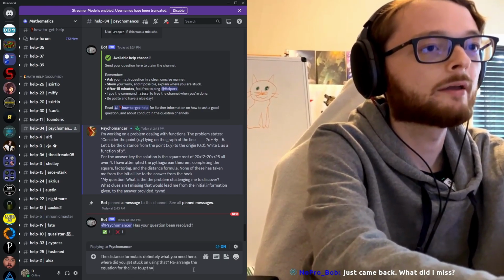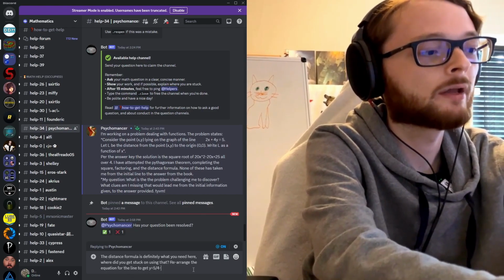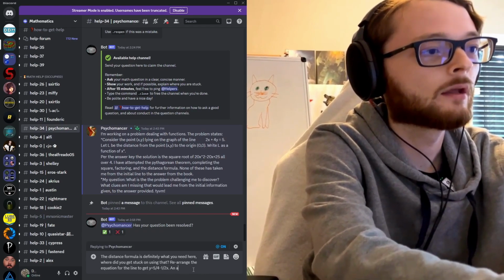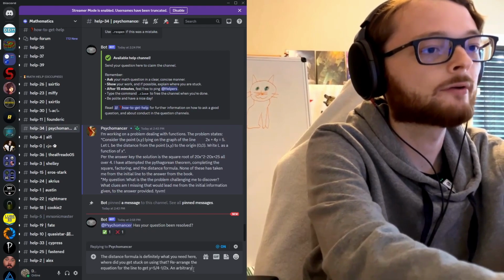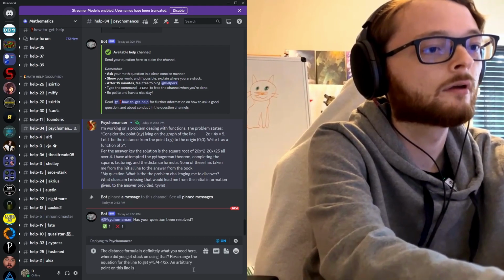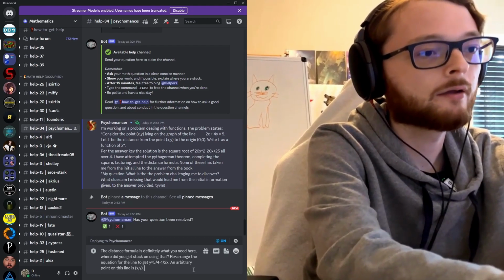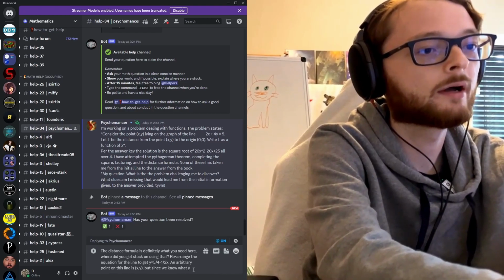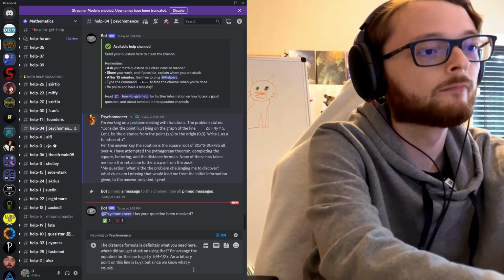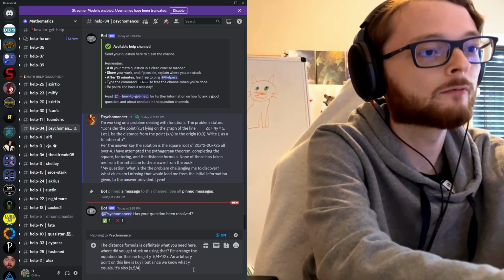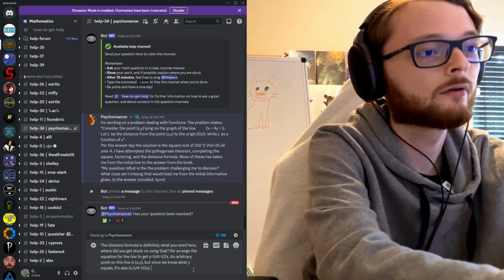To get y equals 5 over 4 minus 1/2 x. An arbitrary point on this line is x, y, but since we know what y equals, it's also x comma 5 over 4 minus 1/2 x.